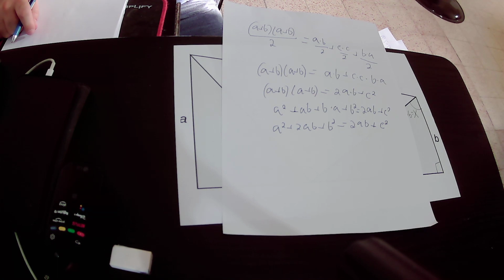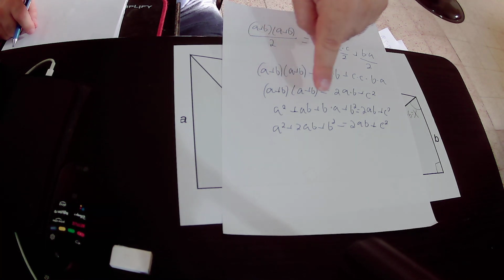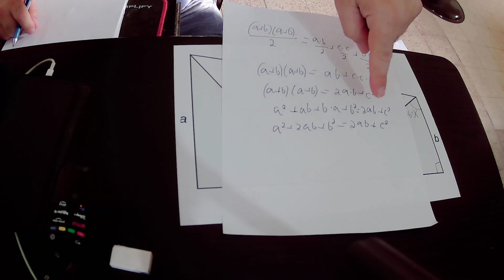Okay, now we will subtract 2AB from both sides of the equation.